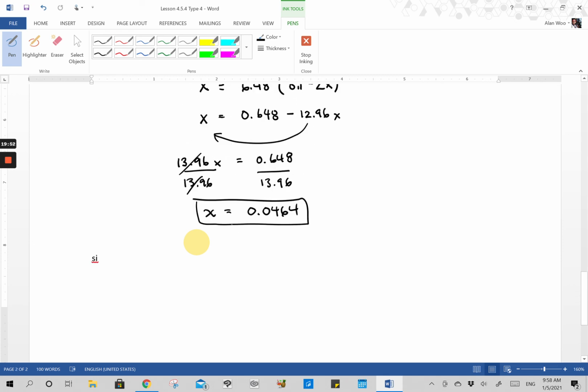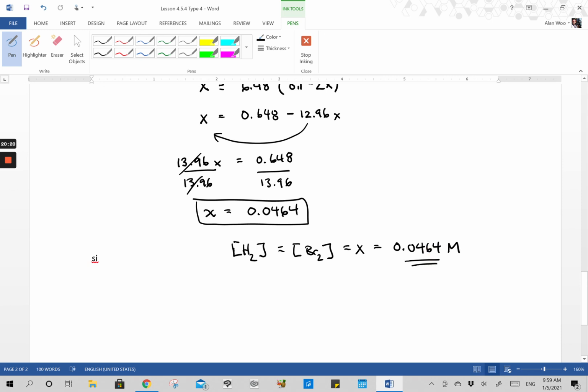Okay, so the concentration of H2 is equal to the concentration of Br2 because they're both equal to x. So both their concentrations are equal to 0.0464 molarity.